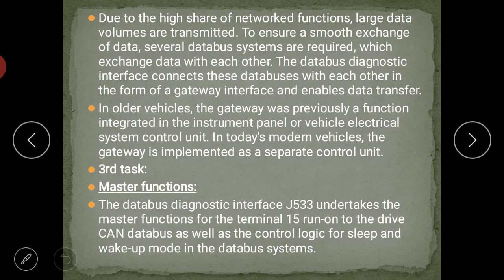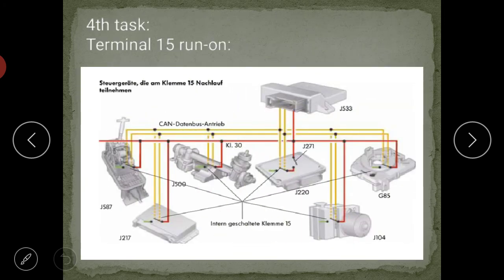Now, what is the master function? The third task, the master function. In the master function, the terminal 15 run-on operation takes place. What is the terminal 15 run-on operation? I will explain in this slide. What happens if I switch my ignition off?